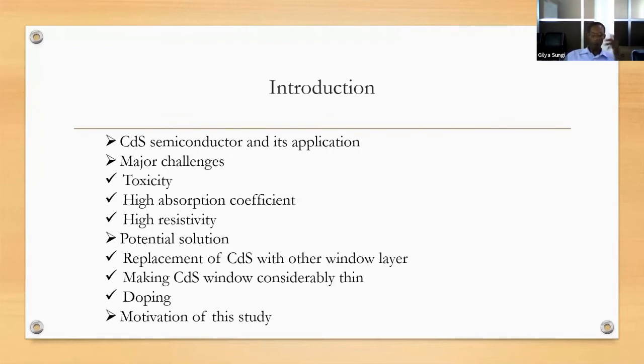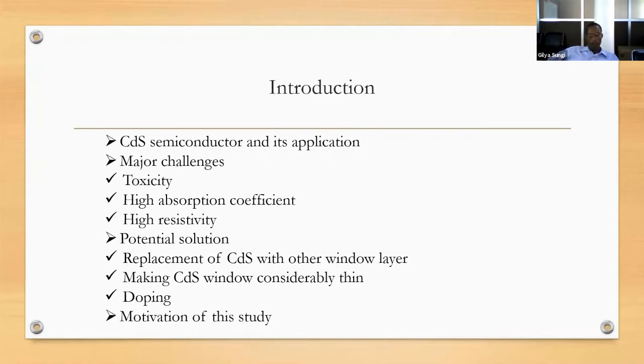So the problem of toxicity has not yet been solved. But in the case of high absorption coefficient, it is suggested that the cadmium sulfide window layer should be considerably thin. But when it is too thin, it can cause leakage in a cell. The leakage in a cell can also compromise the fill factor.